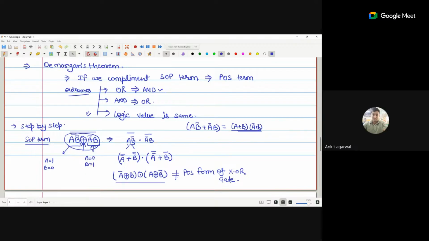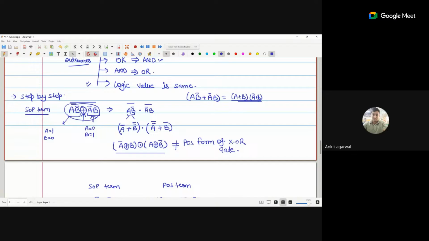Now if we go with the POS form, this is the POS form, A bar. In the case of POS, any variable will be represented with logic 0. So B will be logic 0 and A is logic 1, because it is A bar. For the second term, A is logic 0 and B is logic 1.